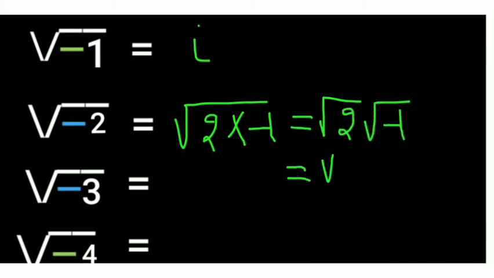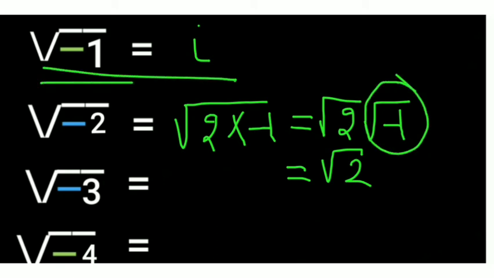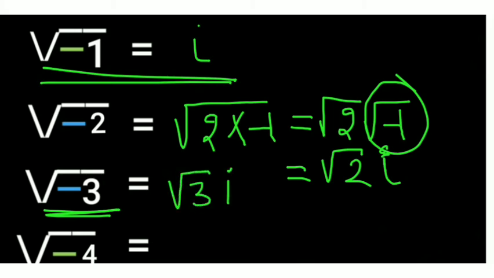So we get root 2 into root minus 1. Root minus 1 means i. So root minus 2 is nothing but root 2 i. What about root minus 3? The square root of minus 3 is nothing but root 3 i. In a similar way, root minus 4 is root 4 into i. Root 4 is 2 only, so 2i.